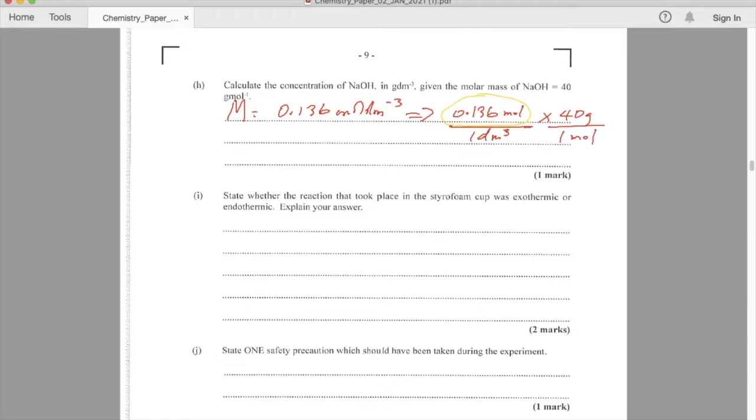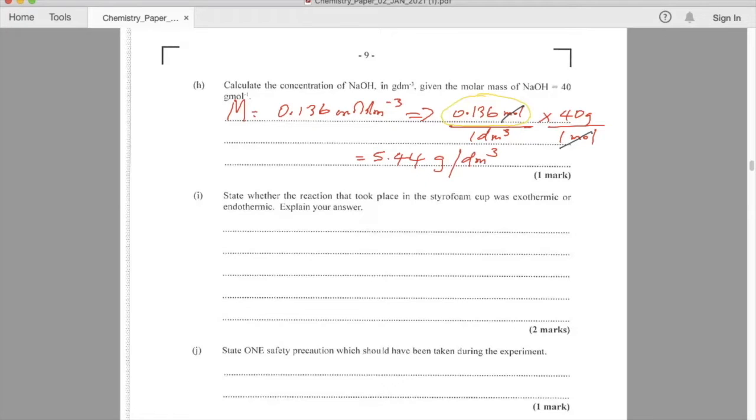And of course, when we do this, mole cancels out mole, and then we'll be left with 0.136 over 1 dm cube times 40 grams. When we multiply that out, let's leave the units for the last part, we should end up with 5.44, and we're left with grams per dm cube, which is how we represent mass concentration.